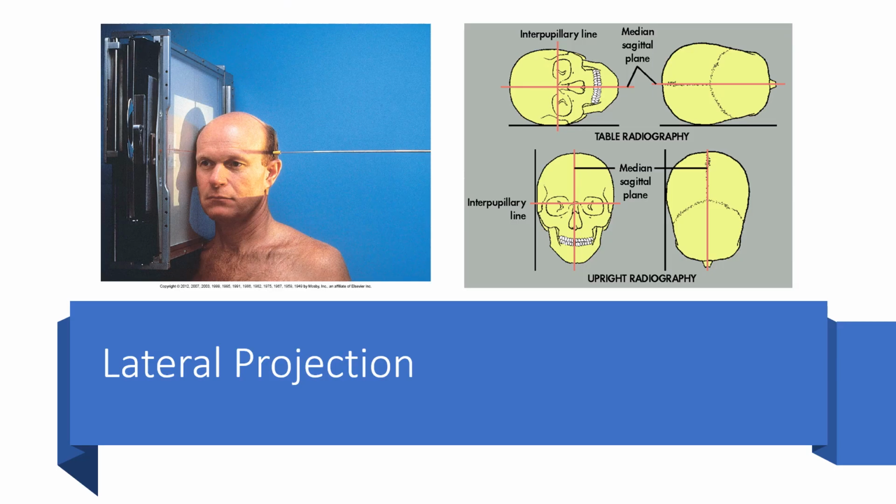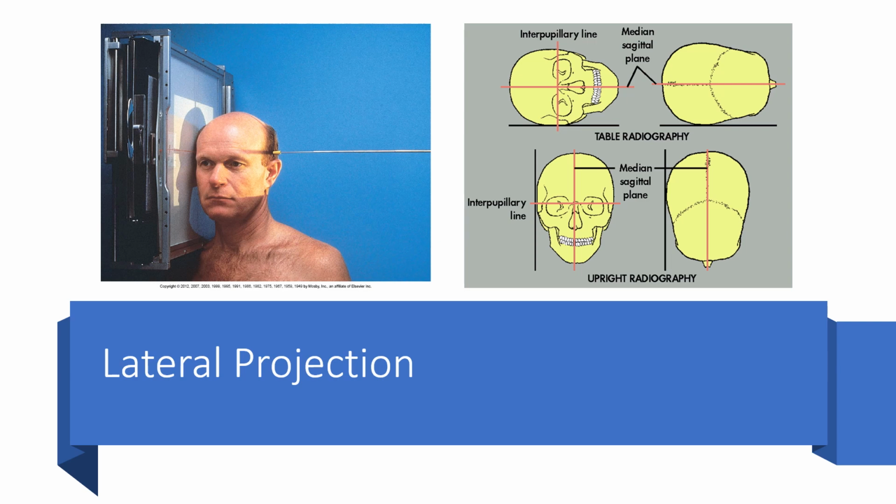All right, so in a lateral projection, the interpupillary line, so a line that cuts through the mid orbits roughly, is perpendicular to the image receptor and running horizontally or running vertically in table radiography. And then the mid-sagittal plane is oriented parallel to the image receptor.